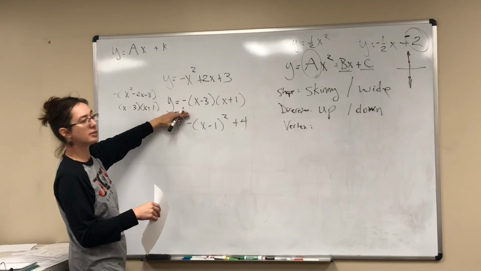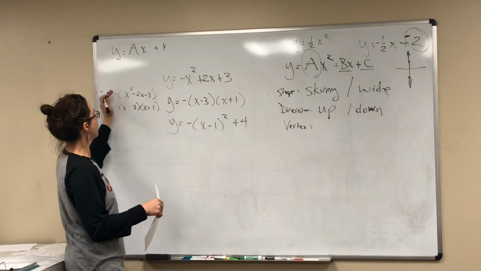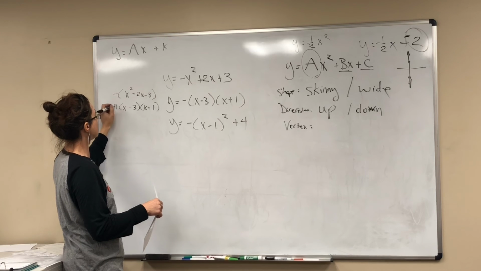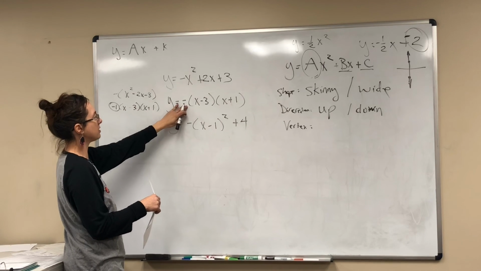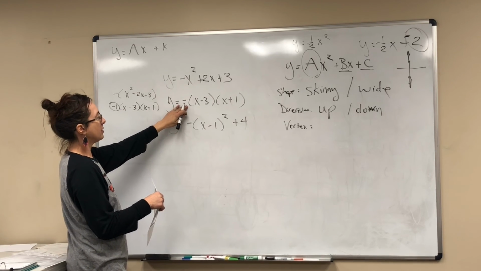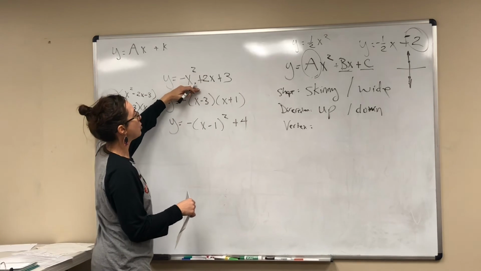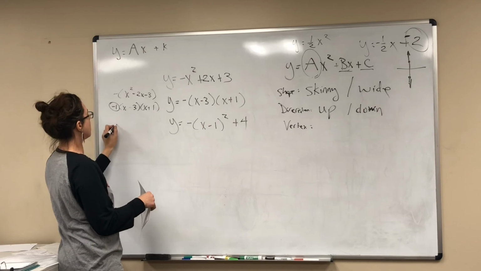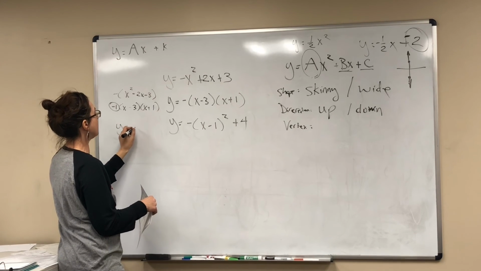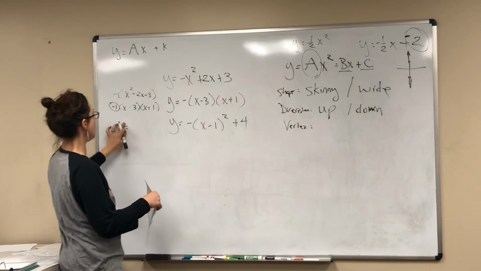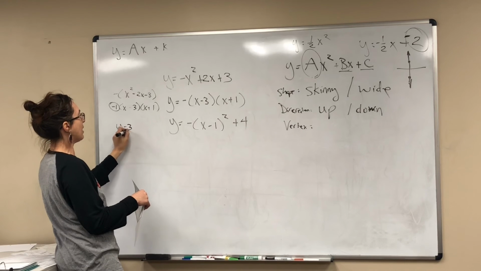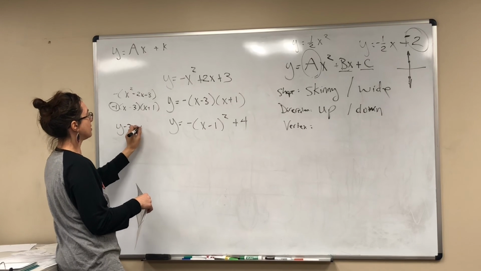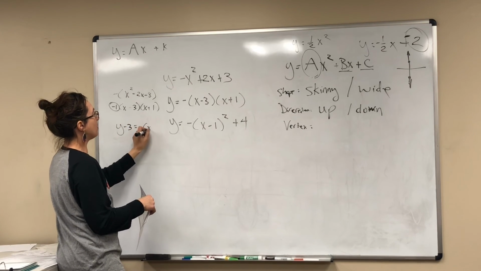So that's how we got to the factored form, but we still have the negative 1 out front. They also went back and completed the square on it. So let's run through completing the square on that one. We would move the 3 over, so we'd have y minus 3, correct? And then we're going to move out that negative.